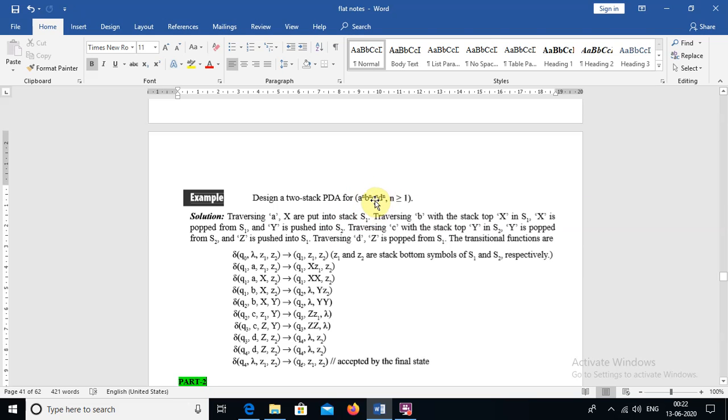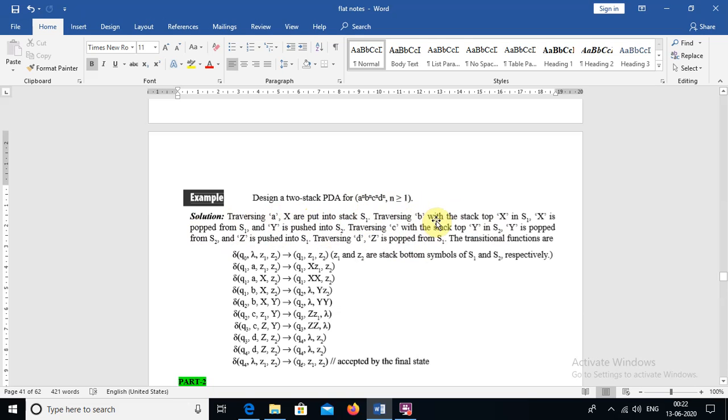For traversing C, you can check the top symbol of S1 and the top symbol of S2, and you can pop them, right? For traversing D, you can take one more variable z. Okay, here we follow a different approach. Here we have 4 now. So for traversing A, x is put into the stack S1.